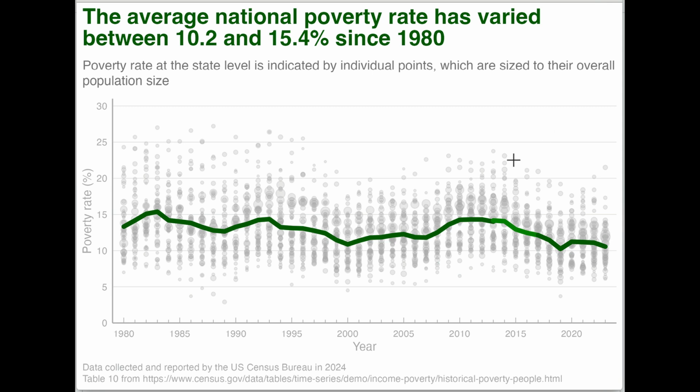And so again, I think the take home is that really it's varied between 10.2 and 15.4%, but there's really no overall downward trend. Maybe if you squint at it, you can see a very small decrease over these 24, 25 years. But I think that's kind of wishful thinking, right? So again, I like this in that it brings in the individual state data.